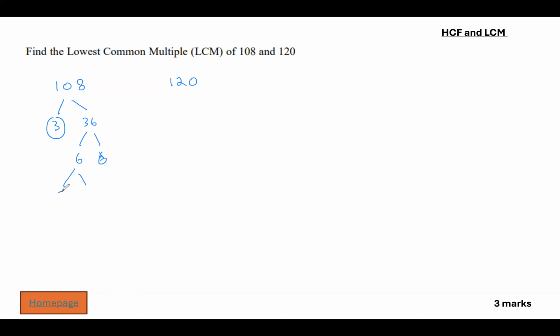And then we get 2 and 3 and 2 and 3. With 120, we could divide it by 4, so we get 4 and 30, 2 and 2, and we get 15 and 2, and 5 and 3.